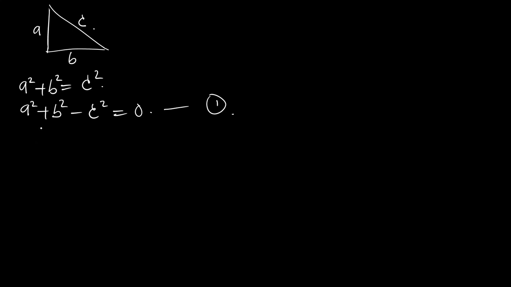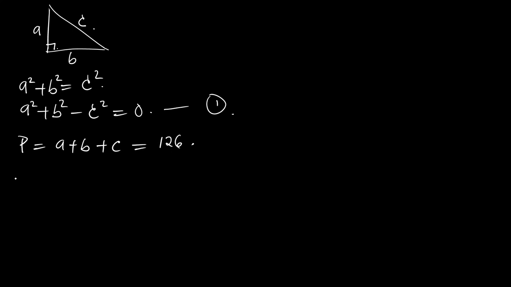Let's call this equation 1. Then the area of this triangle. Okay, let's start with the perimeter. The perimeter is the same thing as A plus B plus C, and the perimeter is given as 126.